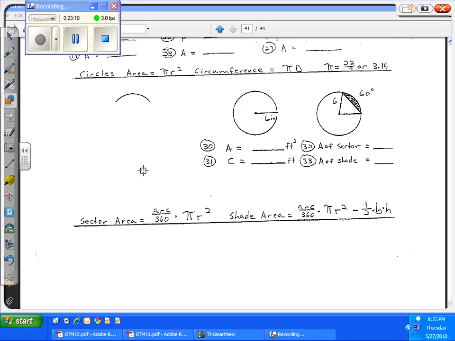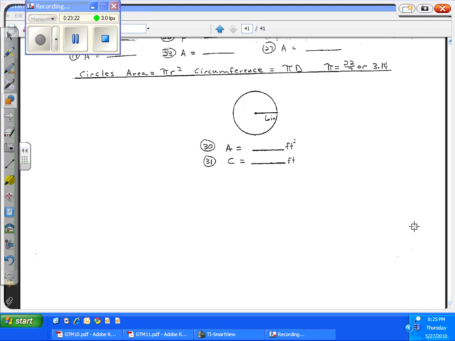Second circle. We want to find the area. I'm just going to string it across the whole board here. Area is pi times radius squared.